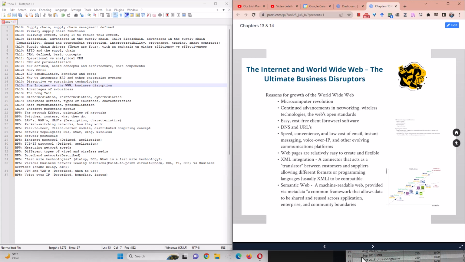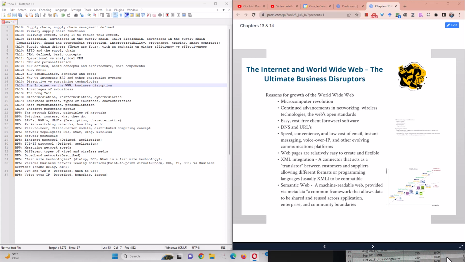There was a confluence of events that resulted in its explosion: the microcomputer revolution, continued advancements in networking and wired and wireless technologies, plus the web's open standards continued to evolve. The networking standards evolved, the web standards evolved, and these standards were open, so there were no royalty charges for using them.